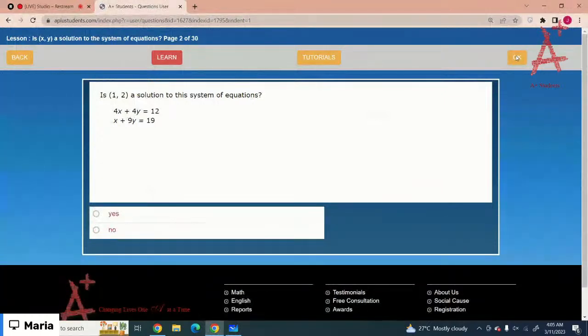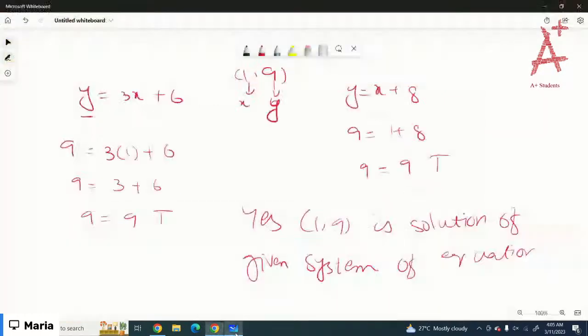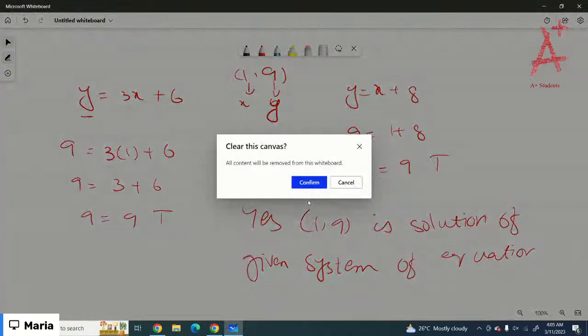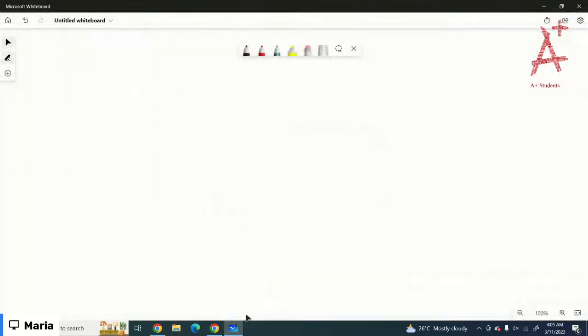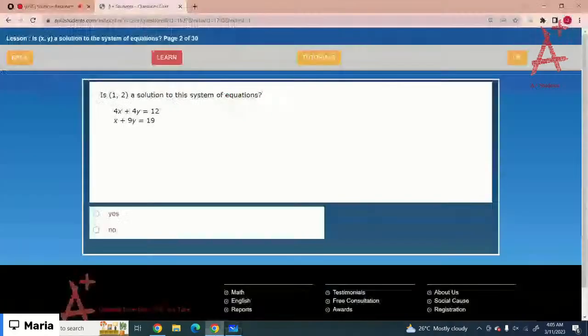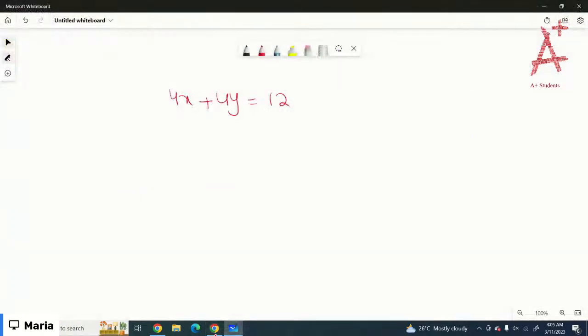Okay, the next one is: is (1, 2) a solution of the system of equations? The point is (1, 2) and the equations are 4x plus 4y equals 12, and the second equation is x plus 9y equals 19.